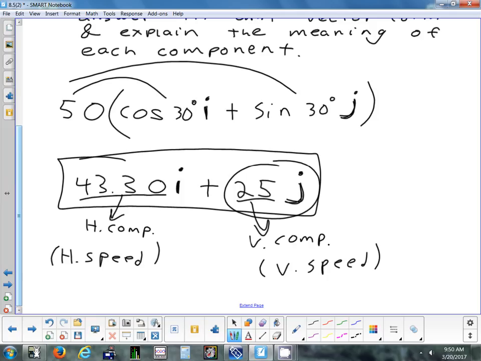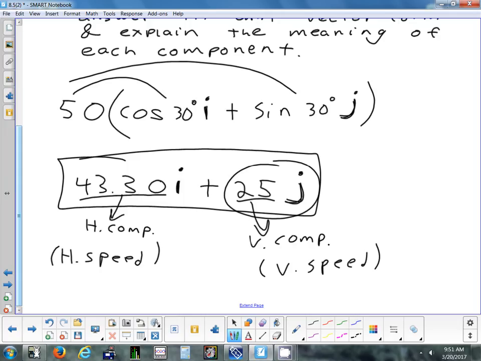The second the ball leaves your hand, the vertical speed is slowing down. The horizontal speed is not affected by gravity at all. Why would the ball slow down horizontally? Because of air friction. If there was no air friction, the horizontal speed would stay exactly the same the whole time. Or ground friction.